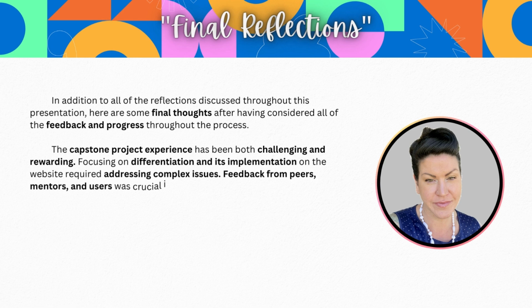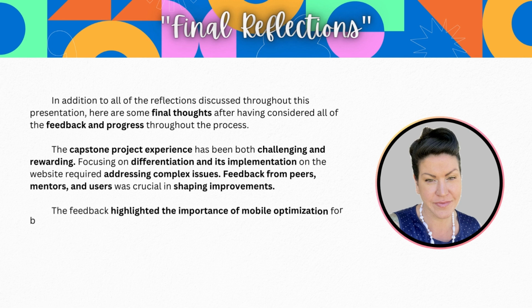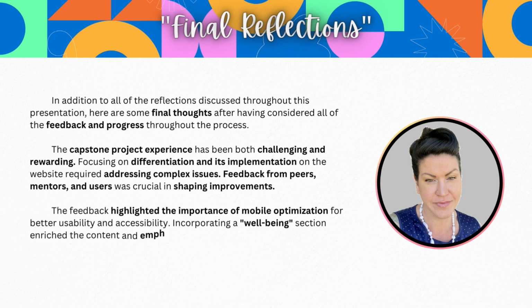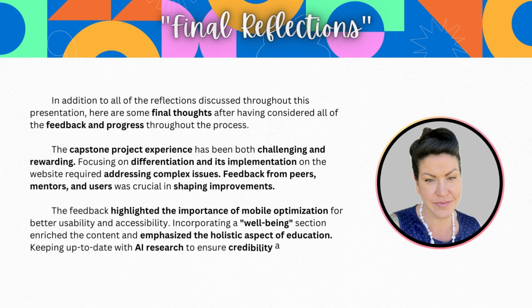Feedback from peers, mentors, and users was crucial in shaping these improvements. The feedback highlighted the importance of mobile optimization for better usability and accessibility, and how important it is to incorporate a well-being section, enriching the content and emphasizing the holistic aspect of education. As well, keeping up to date with AI research to ensure credibility and relevance.